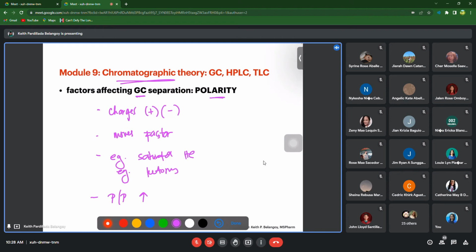So polarity is definitely the driving force of the separation. So if the polarity is not right, that means any chromatographic separation will not succeed. Or the retention time will be either long or short.